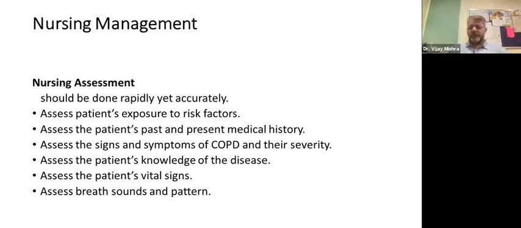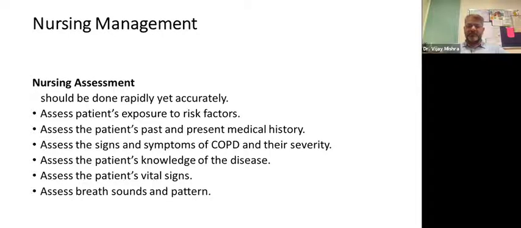If the patient or the family members tell you that he has had a similar admission last Diwali also, Diwali before that also, so you know that this person is developing an exacerbation of his COPD every Diwali or every time the winter comes or the season changes.